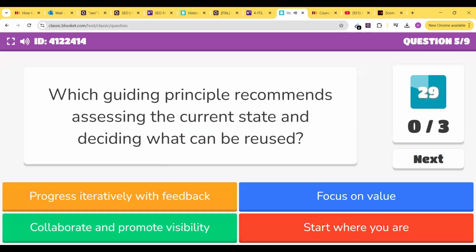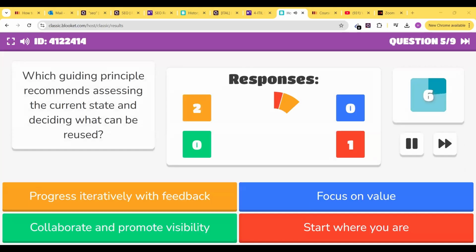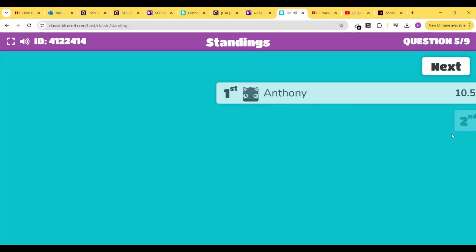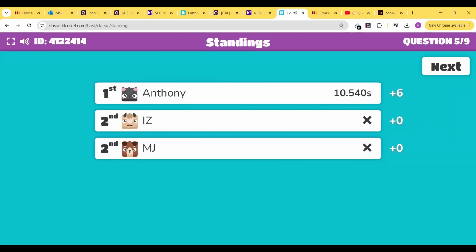So which guiding principle recommends assessing the current state and deciding what can be removed? Start where you are. Well done, Anthony. Good try, Imran.